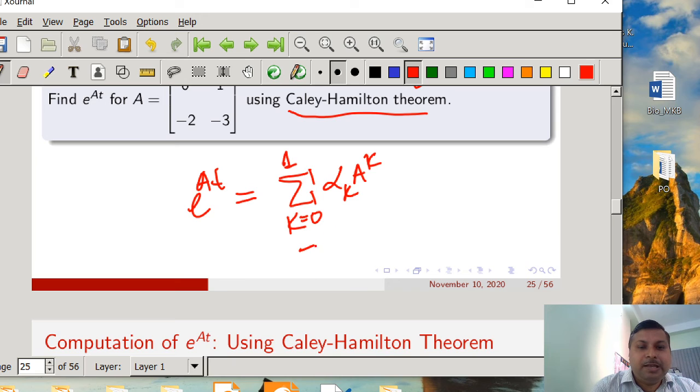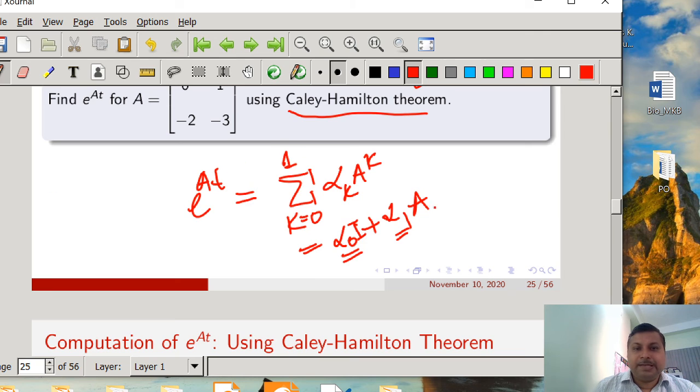So basically, k equal to 0 gives alpha 0 into I plus alpha 1 A. If we want to calculate e to the power At, we have to know alpha 0 and alpha 1. If we know alpha 0 and alpha 1 and substitute here, we will get the expression of e to the power At.